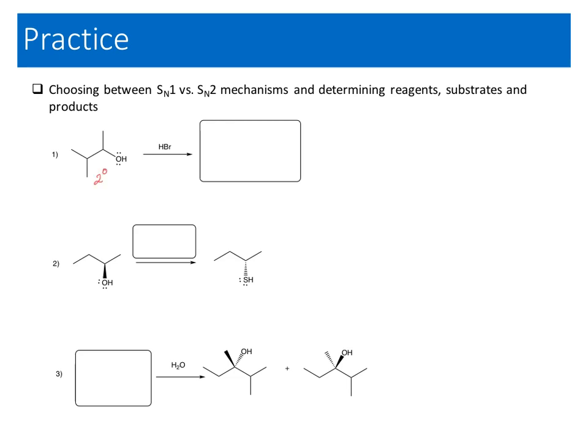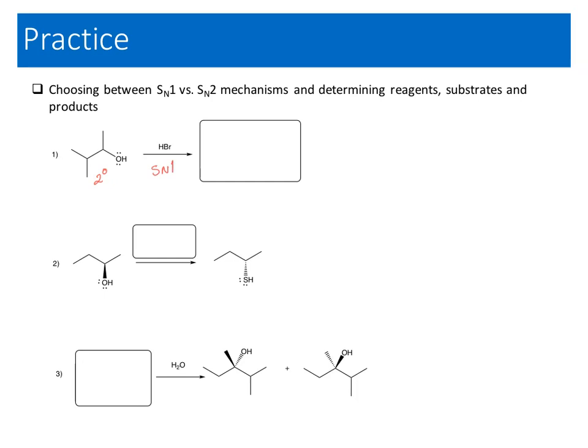Since it is secondary, it can either do SN1 or SN2 reaction. Then we need to look at the reagent that we are using, which is HBr. HBr is an acid, and if you remember, we had a way to convert an alcohol to a good leaving group under acidic condition, and this just happens with the SN1 mechanism.